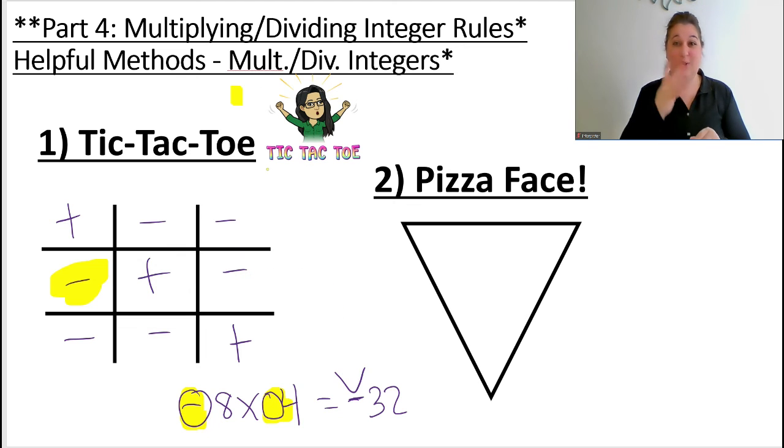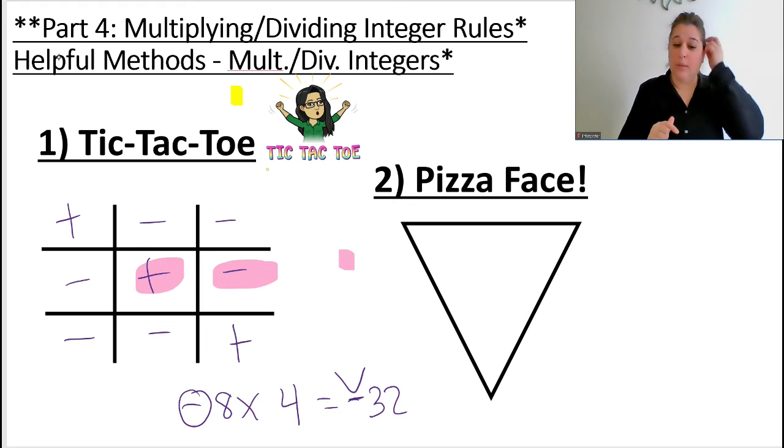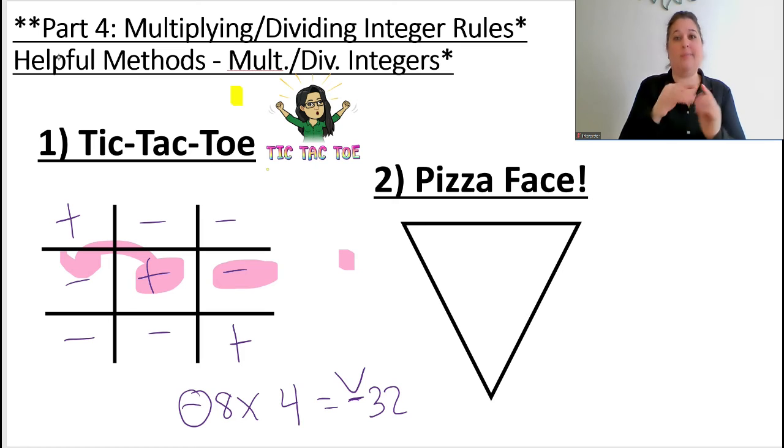Let's try it in a different way. If I do a negative times a positive, I already did the middle. If you look at this, you don't have to go from left to right. You can go from right to left. Look, a negative times a positive equals a negative.